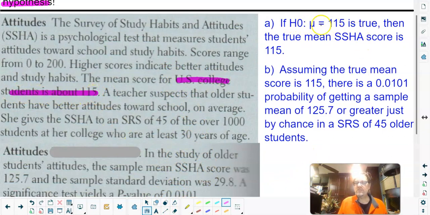So that is going to be my null hypothesis right there, the 115. And notice this is talking about a population. Mu is the population mean. So if my null hypothesis is true, then the true mean SSHA score is 115.